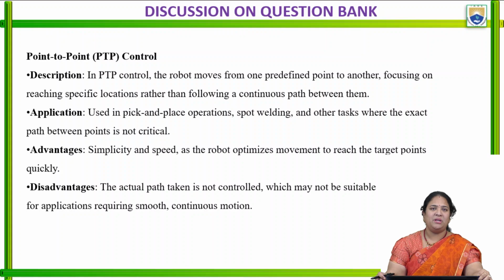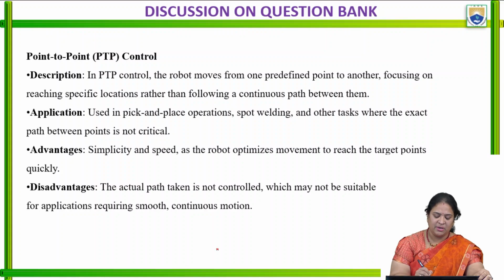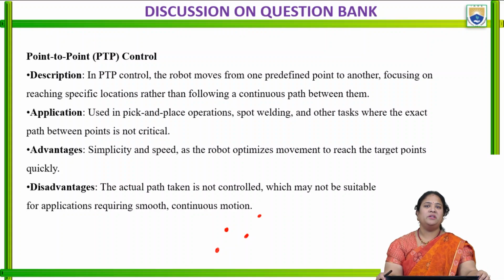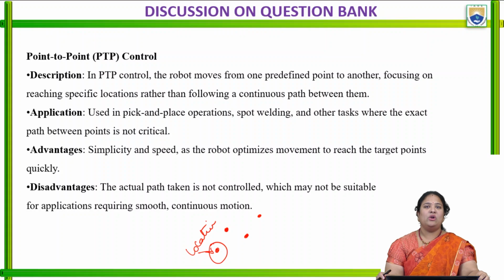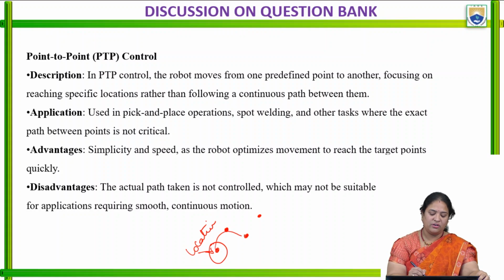So the PTP, that is the point-to-point control system, is used to move from one predefined point to another predefined point, and then to the next predefined point. That is the point-to-point control. The robot's end effector will be focusing on a specified location rather than moving in a continuous form.